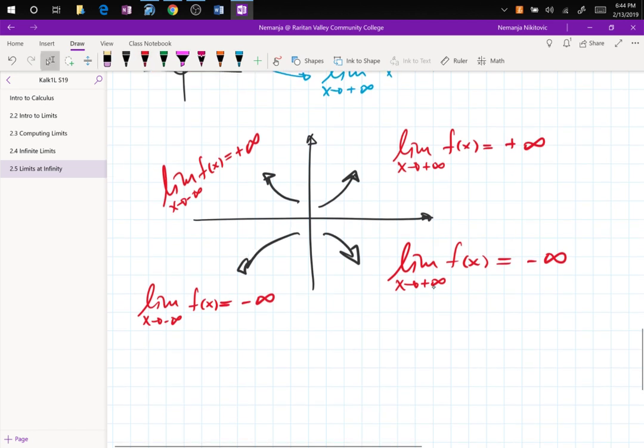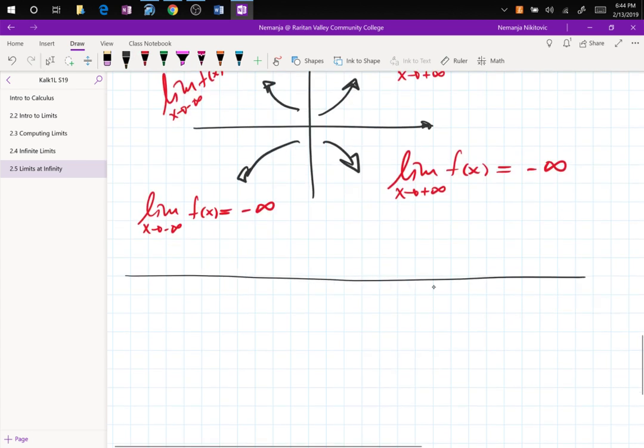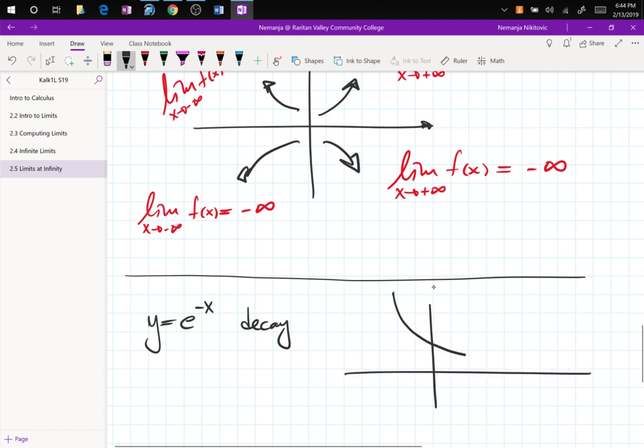So now, if you observe, going back to the e to the x example, actually we can do the decay. Let's do decay model. So this is our graph.